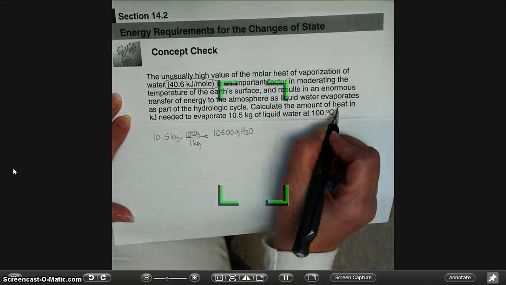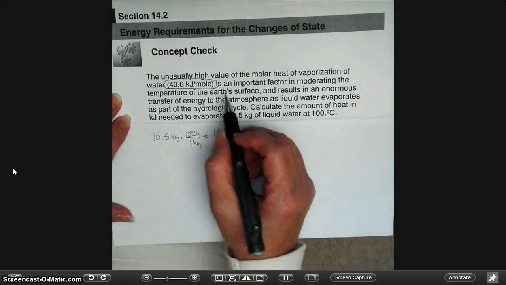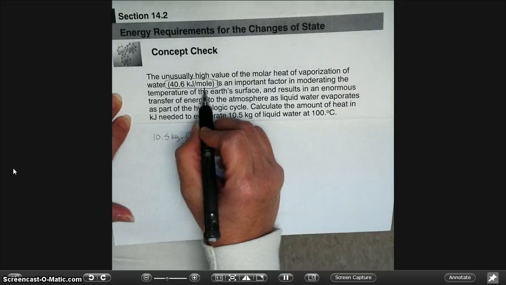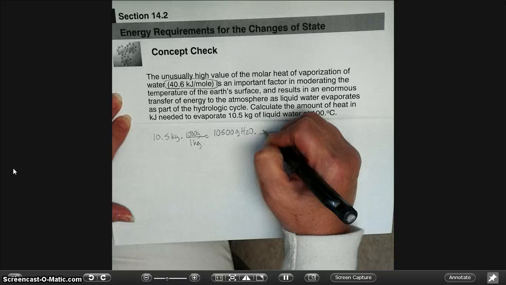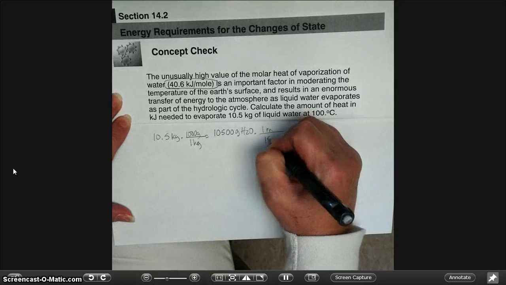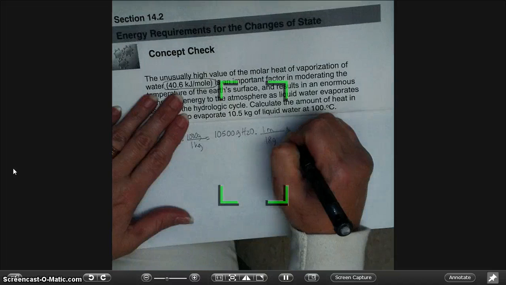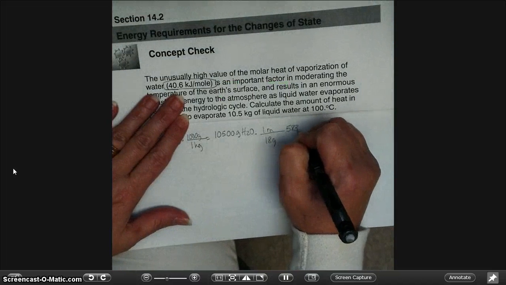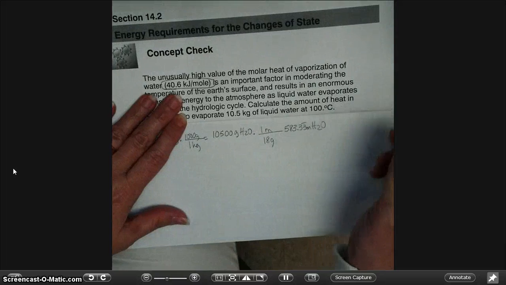Well, it wants the amount of heat in kilojoules. I know how many grams of water I have, but this tells me how many kilojoules per 1 mole. So let's go ahead and change this to moles. 1 mole is 18 grams. I'm going to put that in the calculator, 10500 divided by 18, and I have 583.33 moles of water.